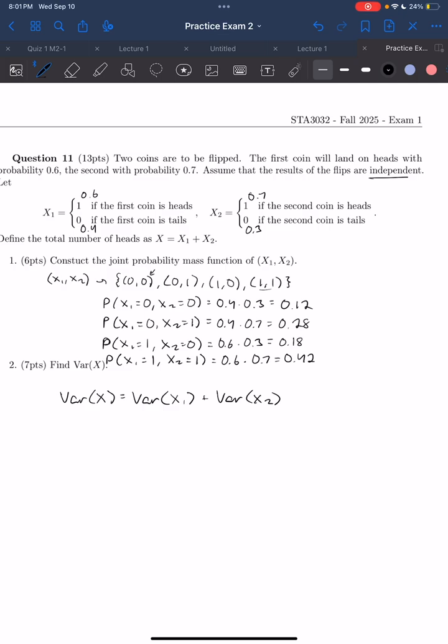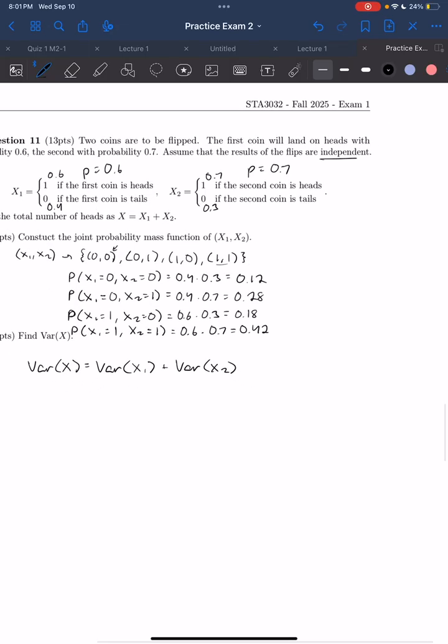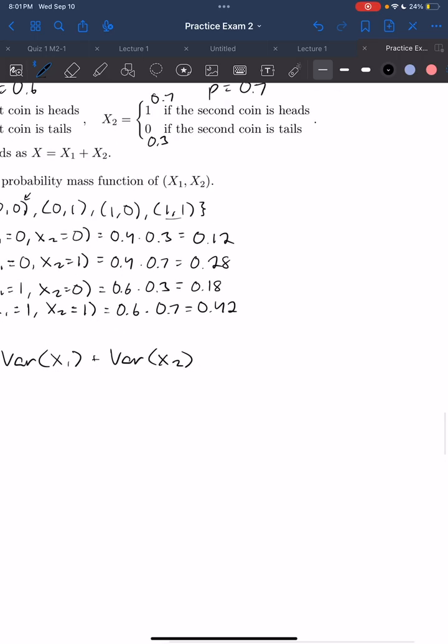If we talk about them individually, our p-value here is 0.6 and our p-value here is 0.7. So because of that, these are Bernoulli distributions. So we can use the formula for the variance of Bernoulli distributions, which is equal to the probability of success times the probability of failure.